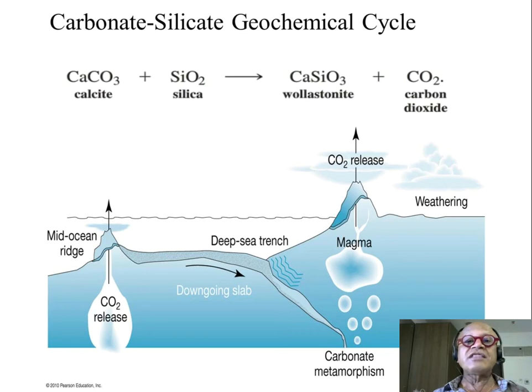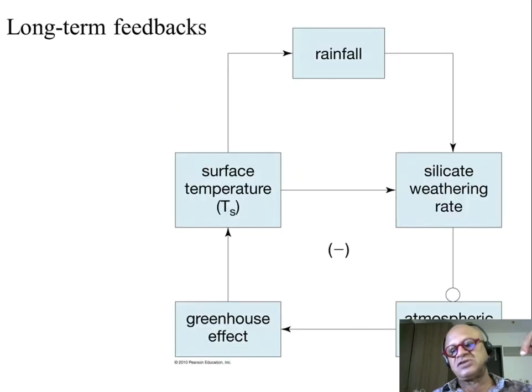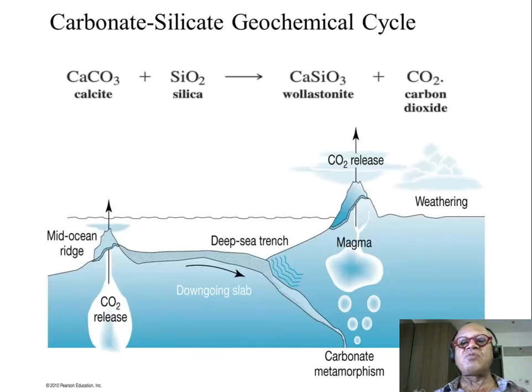So that's how you get the so-called carbonate silicate geochemical cycle. So calcite plus silica in the system at the bottom reproduce the wollastonite that was getting weathered and coming into the ocean as calcium and bicarbonate and silica. And that's going to re-release the CO2 that was sequestered by the silicate weathering.